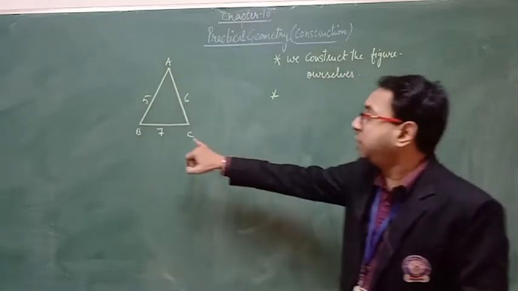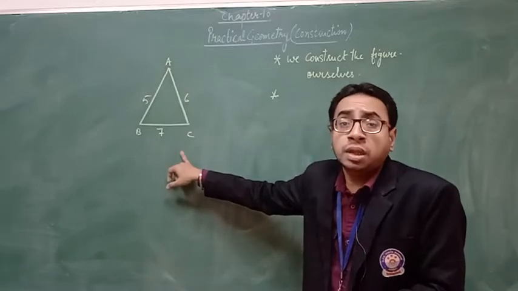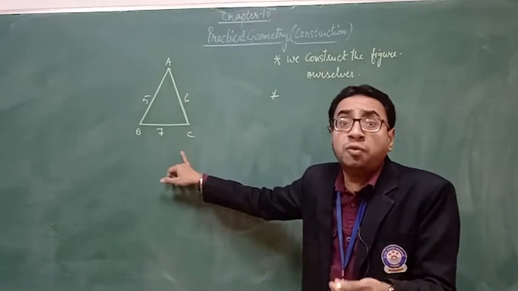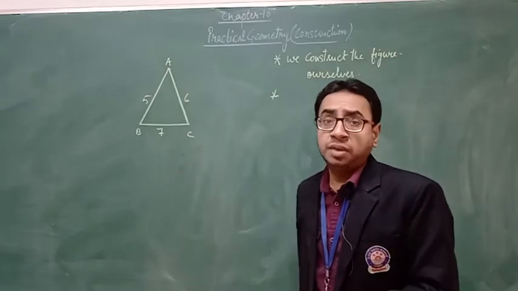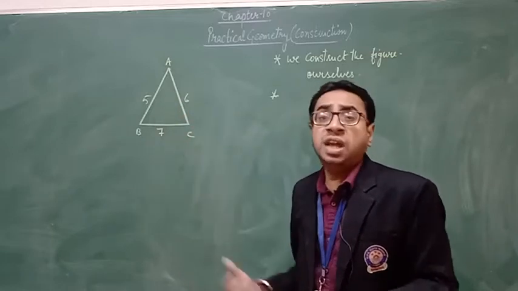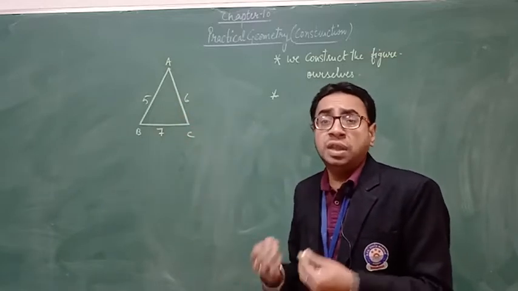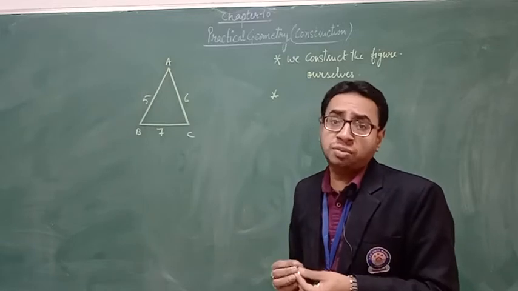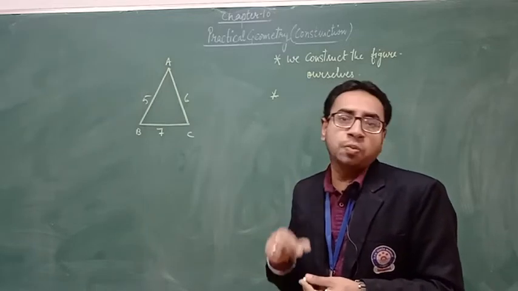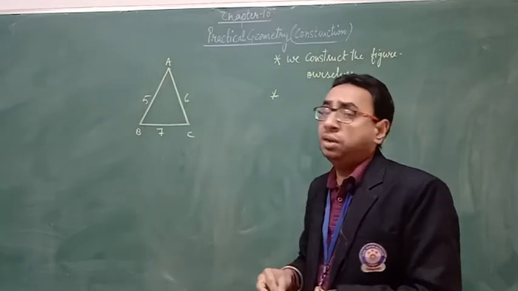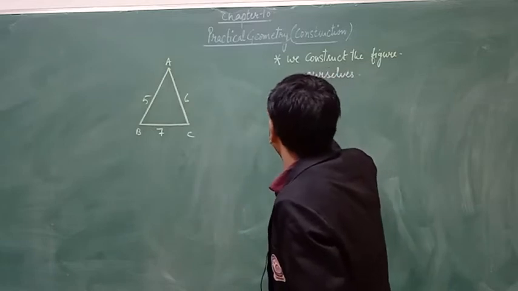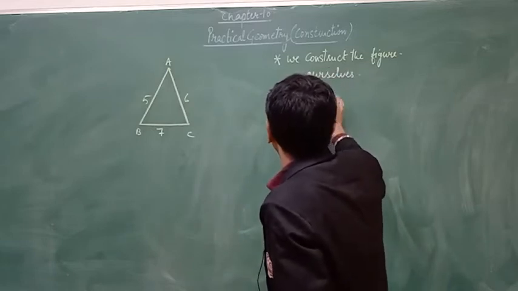Secondly, whenever the figures are given to you in the book, maybe they are not of exact measurement. If they have taken 5, 6, 7, do you think they would have taken the exact measurements to draw this figure? No. But in practical geometry, we take the exact measurements.